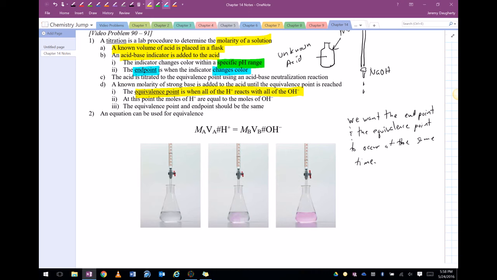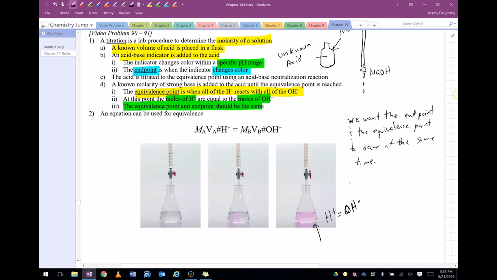Now, if that's true, the moles of hydrogen ion and the moles of hydroxide are going to be equal. That doesn't mean the moles of acid and the moles of base are equal. We're talking about hydrogen and hydroxide here. And again, we want the equivalence point and the end point to be the same, because what we want to happen is we want this to change color right when we know that all of the hydrogen ion equals all the hydroxide ion.